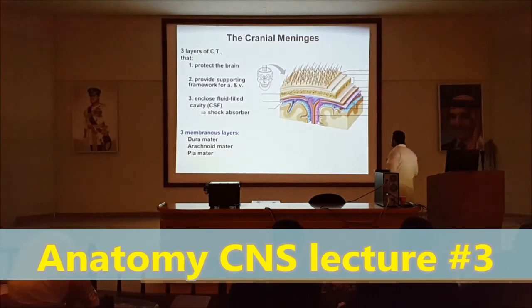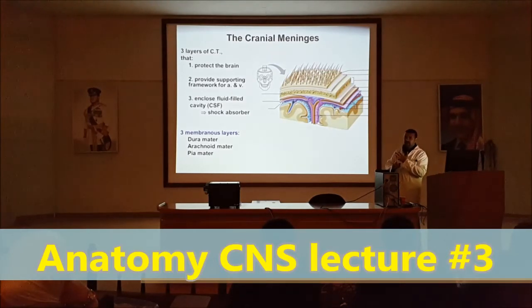So, three membranous layers. Dura mater, you can see it here in brown. In violet, you can see the arachnoid mater, and in light blue, you can see the pia mater. Three membranes that cover the brain. They provide protection, they provide a supporting framework or environment for arteries and veins, and lastly, they enclose a cavity filled with fluid.